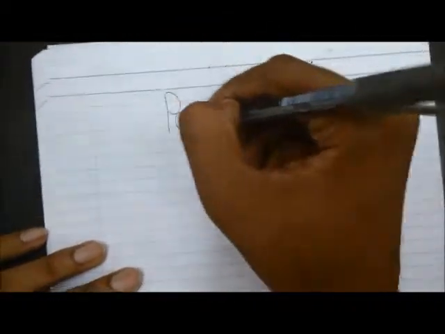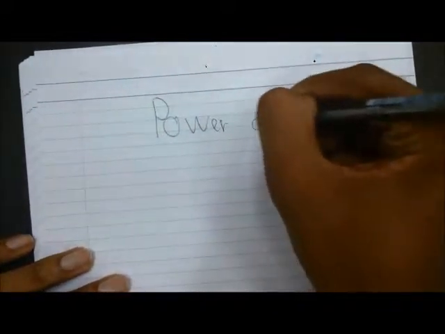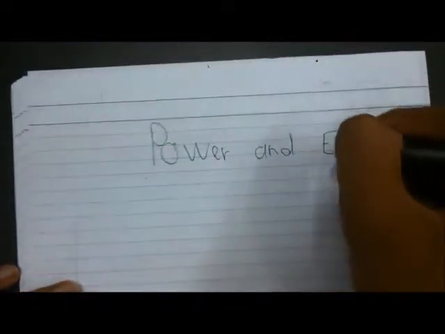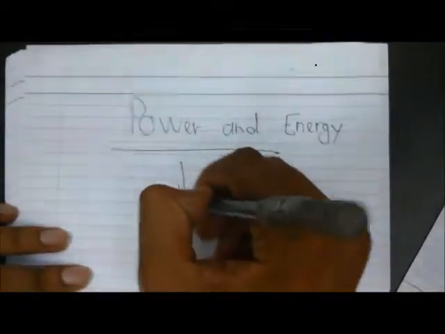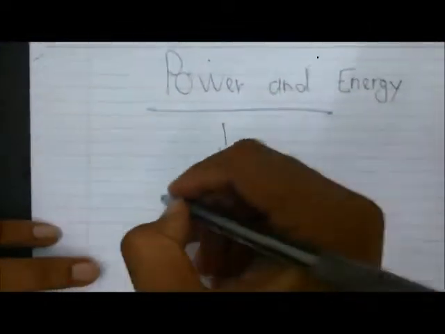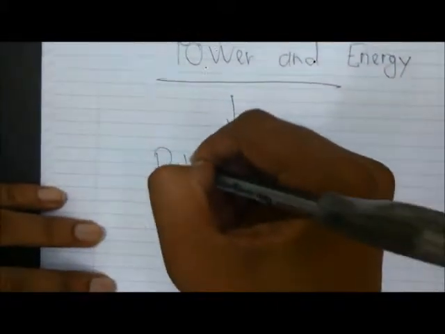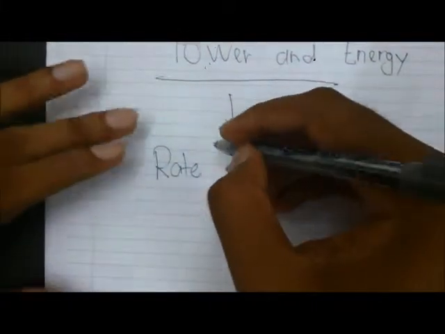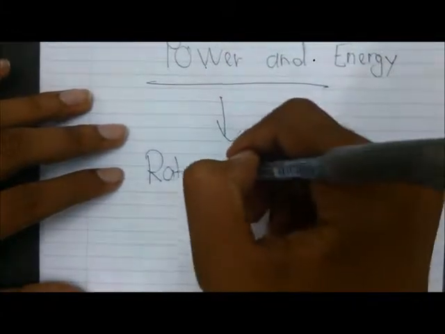Now we move on to power and energy. Power is the rate of energy. When there is the term rate, surely there is an operation dealing with a period of time.